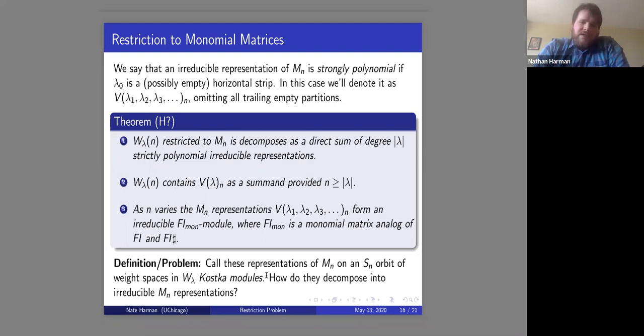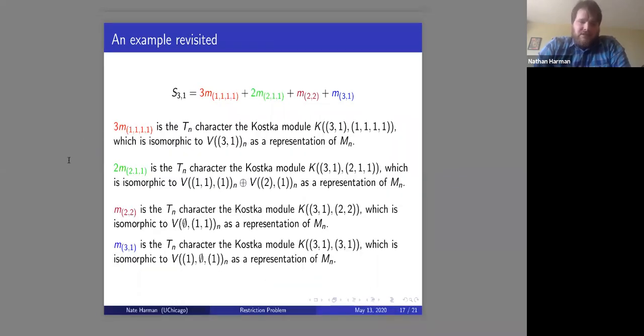I would love to know what they are. Here is my calculation for this degree 4 polynomial representation S31.